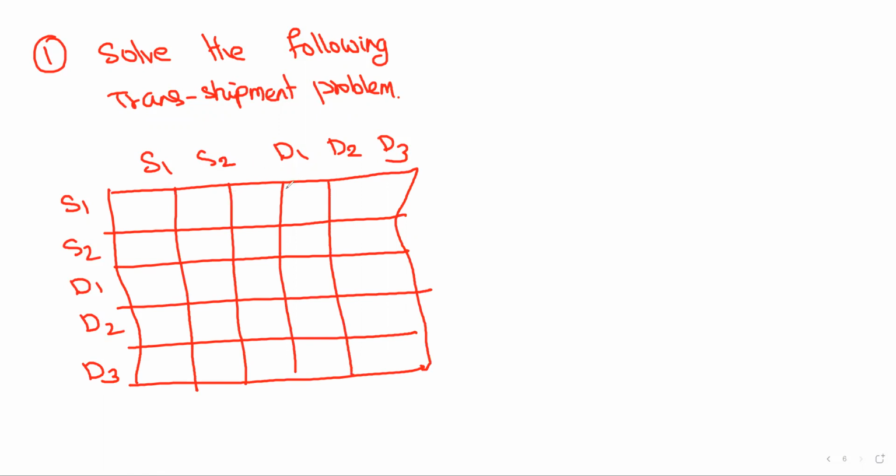And here we have supply, and demand. Come on, write the supplies here. First row: 0, 18, 10, 20, 30, 10, 20, 30. Second row: 10, 0, 20, 15, 40.